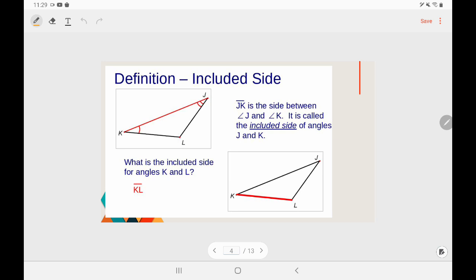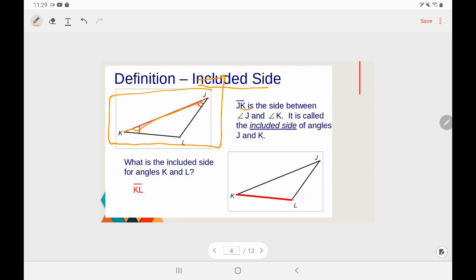Before we get too far into our new shortcuts, let's talk about what an included side would mean. If you look at our picture right here, notice I have the segment JK marked.